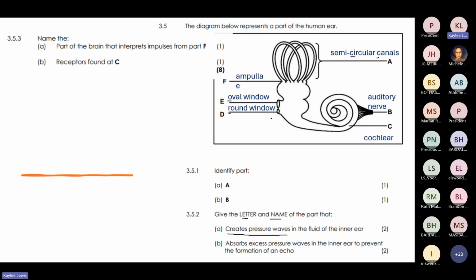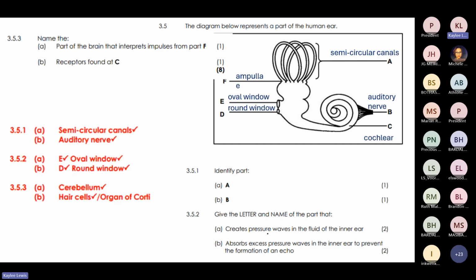Remember, the vibrations go to the oval window, which would then create the pressure waves in the cochlea, and then any excess pressure waves would be absorbed by the round window. So your answer for this one, creating the pressure waves, 2 marks, letter and name: 1 mark for E and 1 mark for the label, which is oval window.